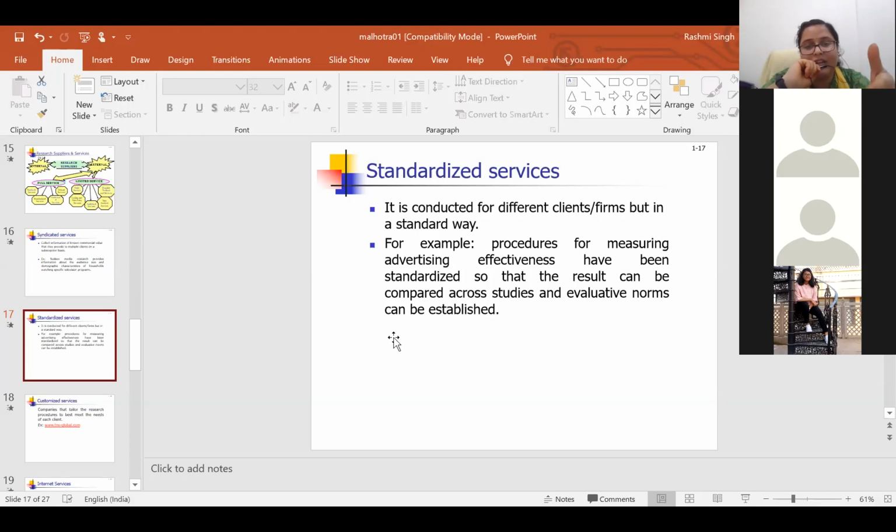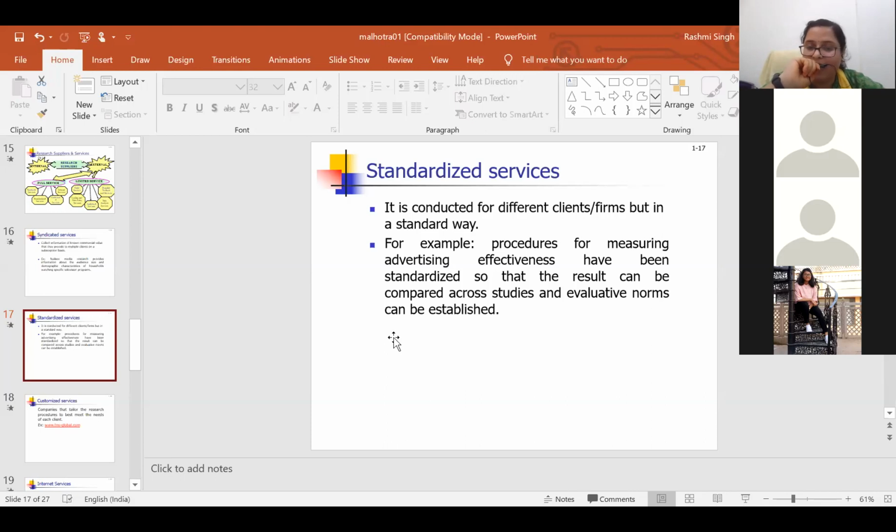If I ask any organization or any research organization who are providing these standardized services, they will measure the quality of service only on those five factors. Means they have their own standard way. They will not do any changes according to, suppose I have given the example of student stress.